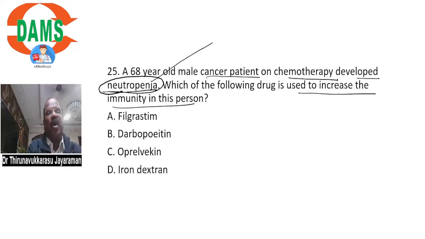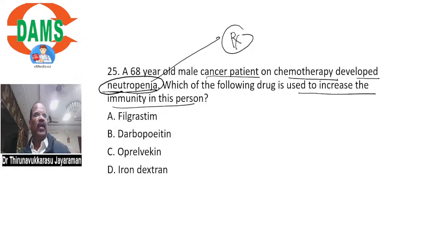So the question: what are the drugs useful for treatment of neutropenia? When neutrophils are deficient, it causes an immunity problem, leading to infection. So here we need some neutropenic support. What are the drugs useful for treating this? Options are filgrastim, darbepoetin, oprelvekin, iron dextran.